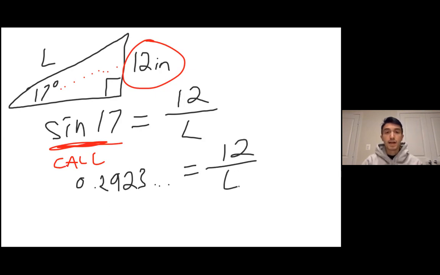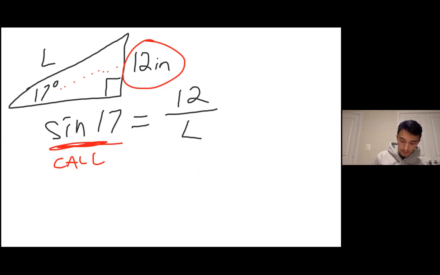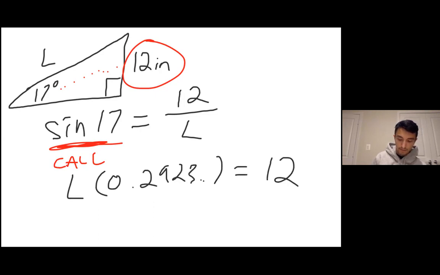The rest is just algebra, of course. You're going to have to move things around a little bit. You multiply by L on both sides to get L on this side. So if we rewrite that, we'll have L times that decimal, 0.2923, is now going to equal 12.